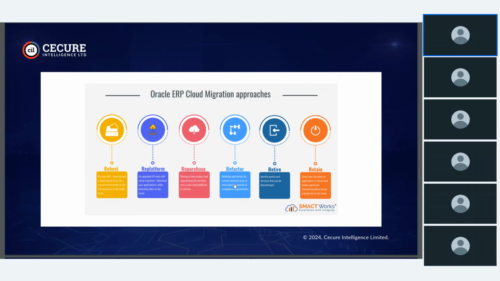The last one is retain. When you are migrating, you can decide to retain some of your systems and leave them on premises, because there is no need to actually migrate them, or it's just too much to migrate at the moment and you're not ready for that. So you might decide to keep certain things, like maybe Oracle databases, on premises for the time being.